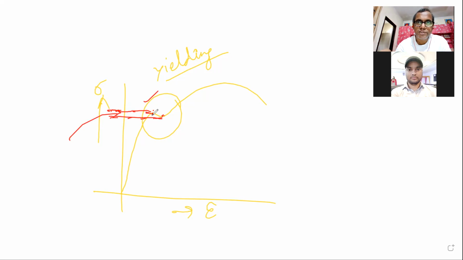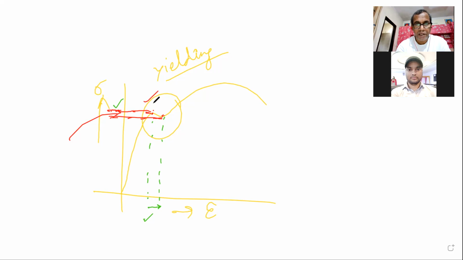While if you see at the axis of strain, you will see there is an increment in the strain. So without increasing the force, we are getting the strain.